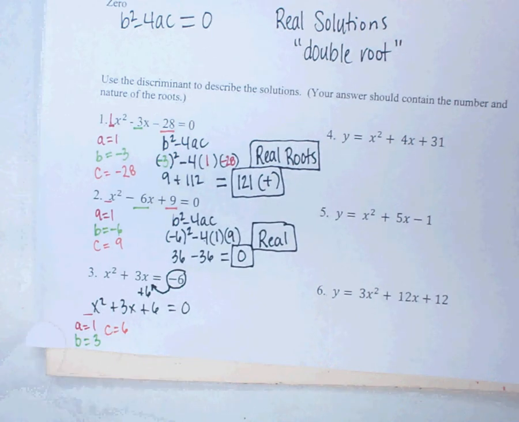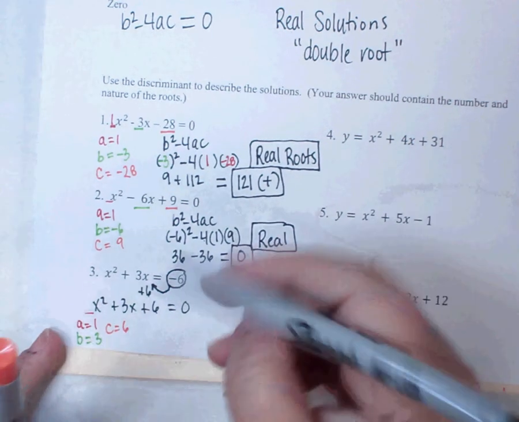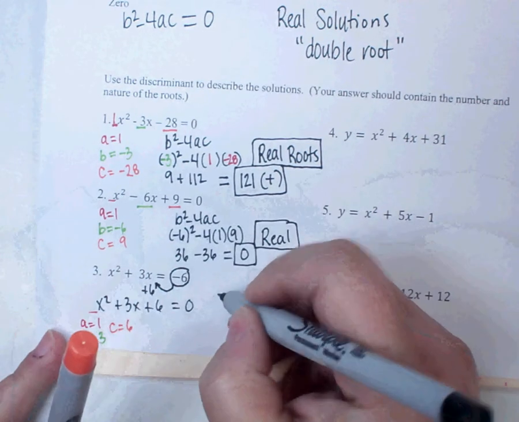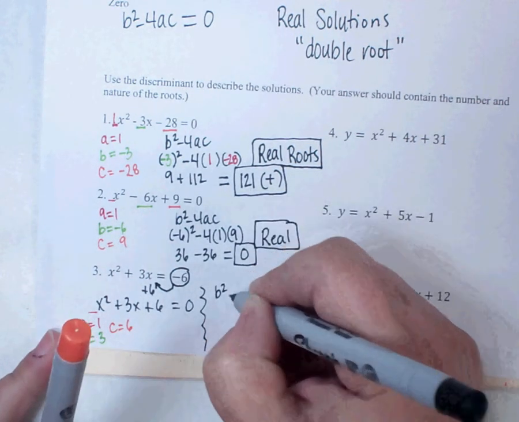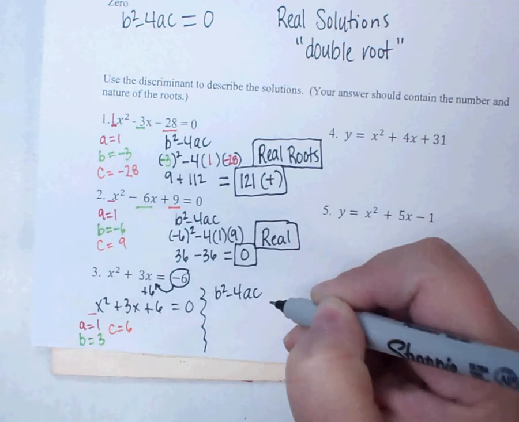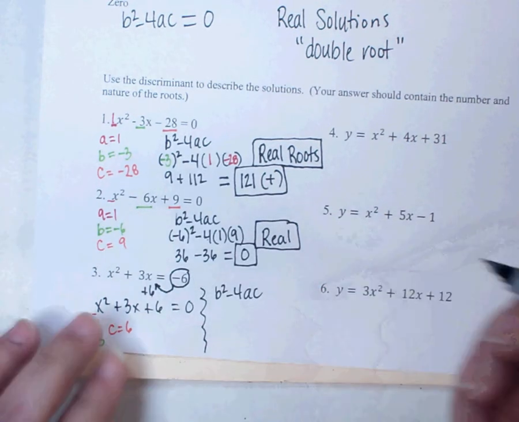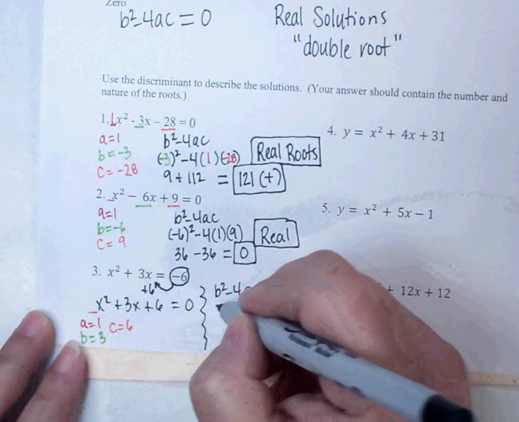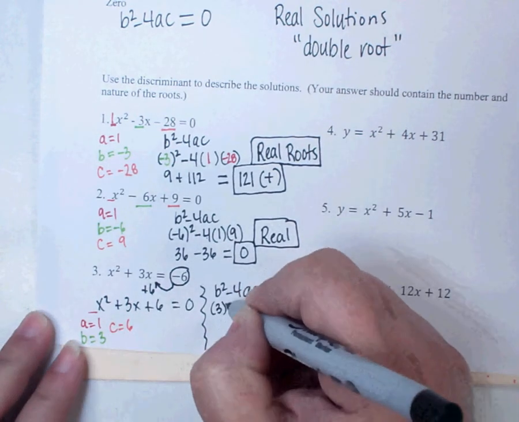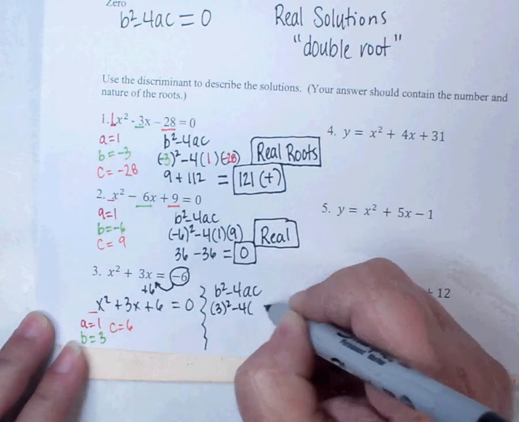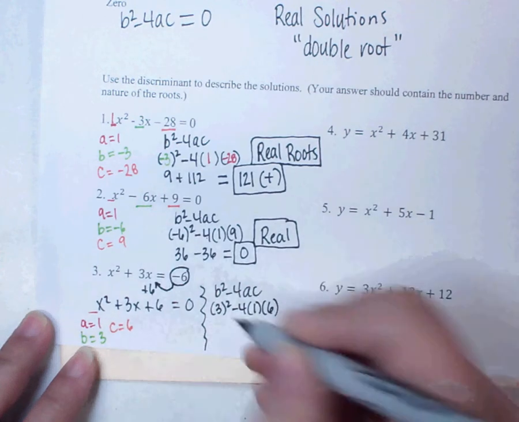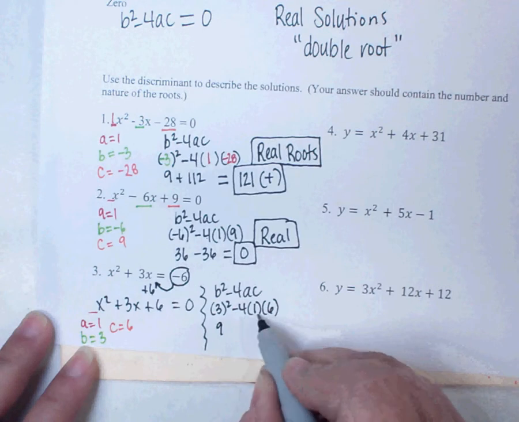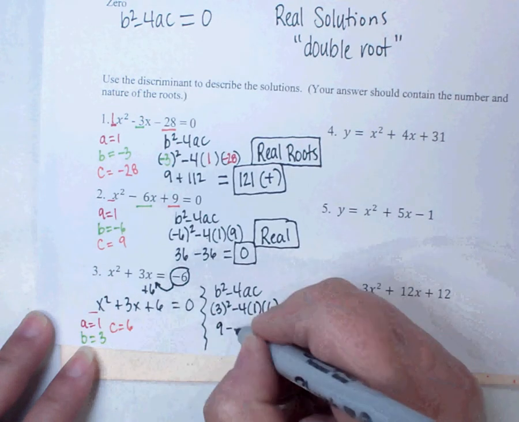Okay, so let's go ahead and start our work for the discriminant. The discriminant, again, I'm going to write it over here, is b squared minus 4ac. So we're taking b squared minus 4ac, we're plugging it in. So we have 3 squared minus 4 times a, which is 1, and times c, which is 6. 3 squared is 9, minus 4 times 1 times 6 is minus 24.